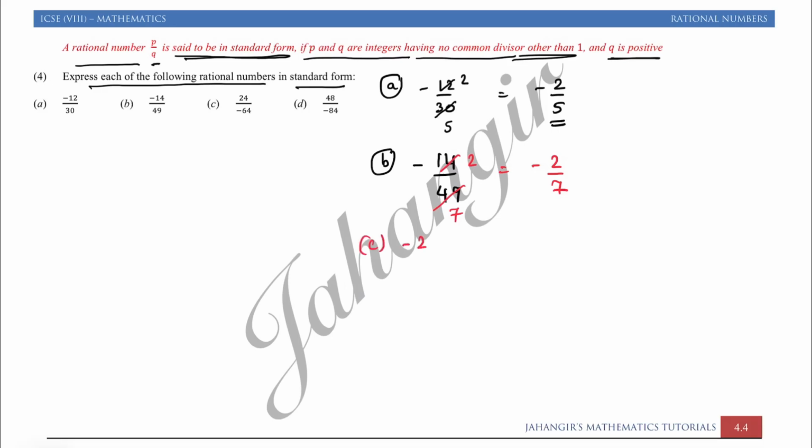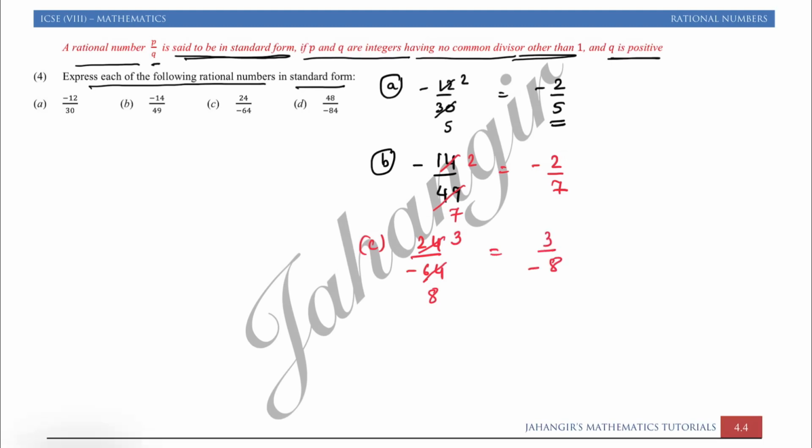C. Minus 24 by minus 64. Sorry, plus 24 by minus 64. So first I can cancel it out to make it simpler. 8 eights are 64, 8 threes are 24. So I am getting 3 upon minus 8.